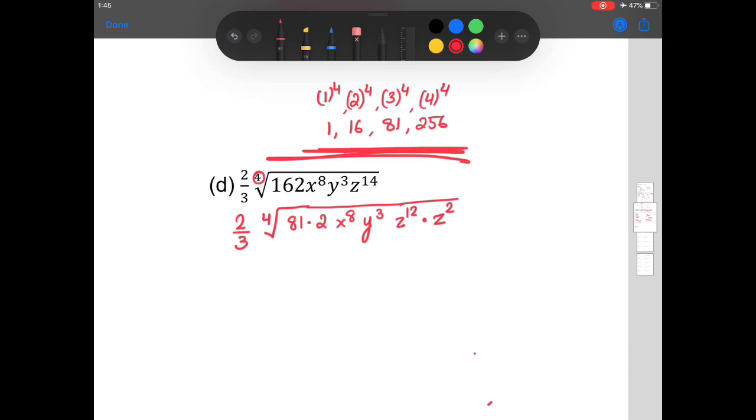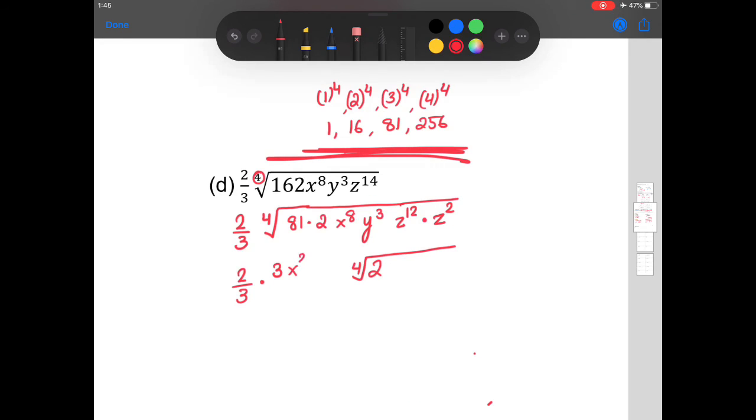So now once it's broken down, all you have to do is take the fourth root, simplify it a little, and you're done. So 2/3. Fourth root of 81 is what? What number did I multiply? It's 3. Yes. And I'm going to set up my non-perfect ones. 2 is a non-perfect one. X to the 8th. Fourth root of x to the 8th, you just take your power divided by your root.